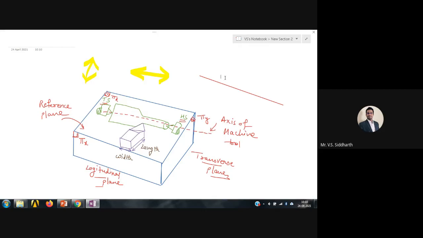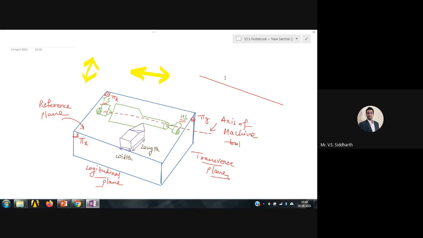Tejasvi is saying 180 degrees. We will need a reference, sir. With respect to which plane, sir? Okay, Janvi, Hemant Naik, and one other student also.